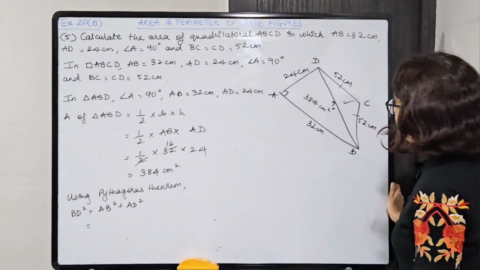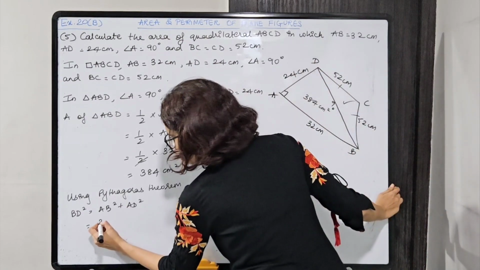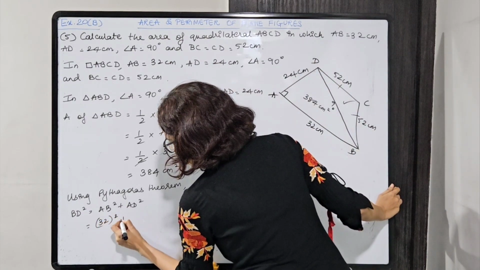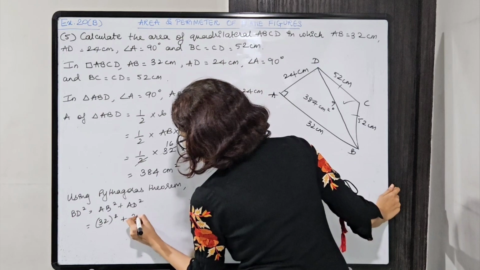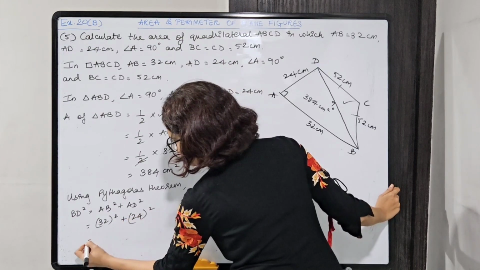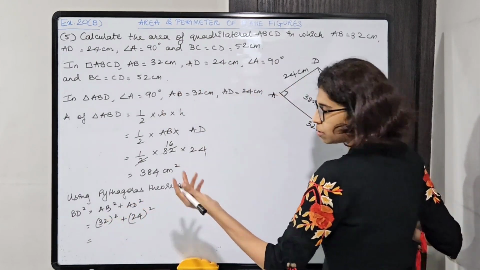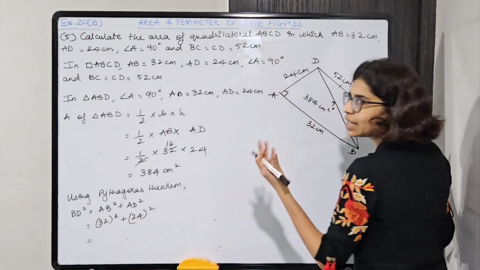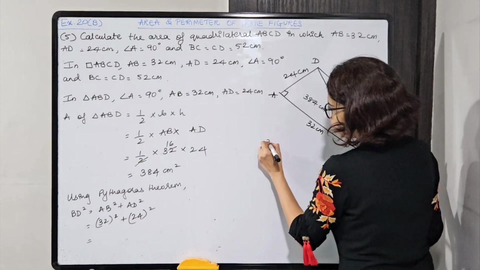So AB is 32 and AD is 24. Now I don't remember the square of 32. You're supposed to know, okay? अगर नहीं याद है मल्टीप्लाई करके फाइंड आउट कर लो.